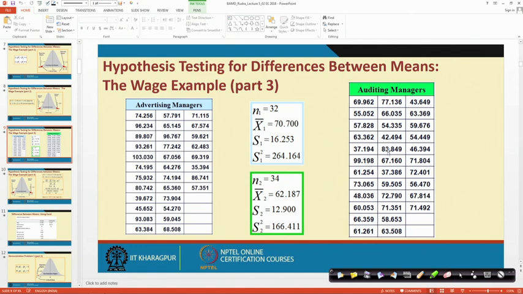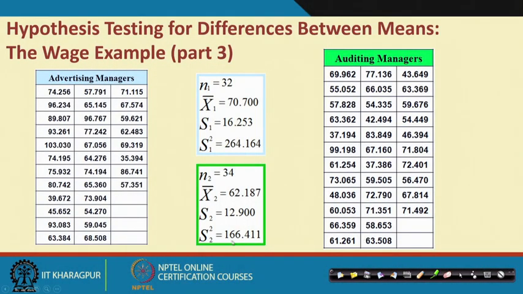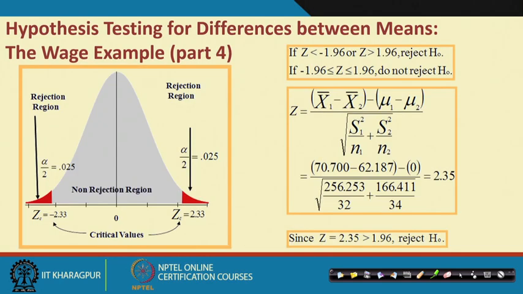And again in this case, you have to find out the mean of this particular series, the variance of this particular series, and then the sample size. So after getting all these sample sizes, means and variances, you just put them into the Z formula, and then the Z value will give you the exact value.